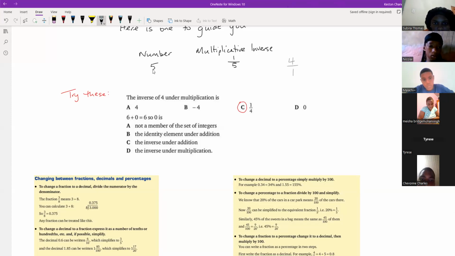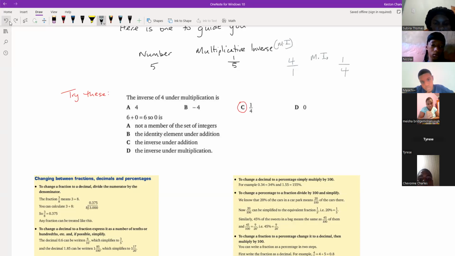So the multiplicative inverse, I'll just put MI for multiplicative inverse, is going to be 1 over 4. You're flipping it.